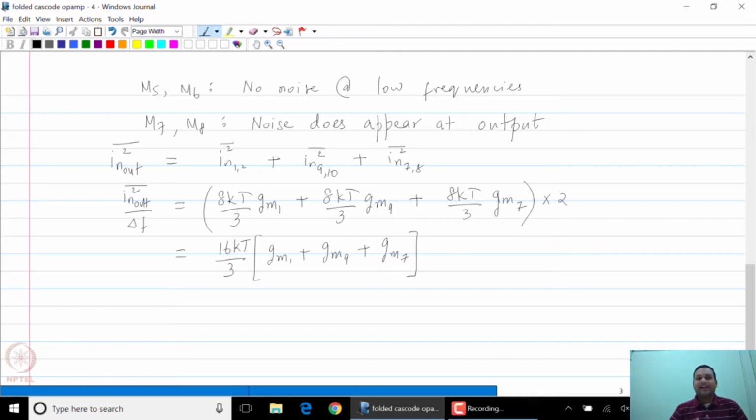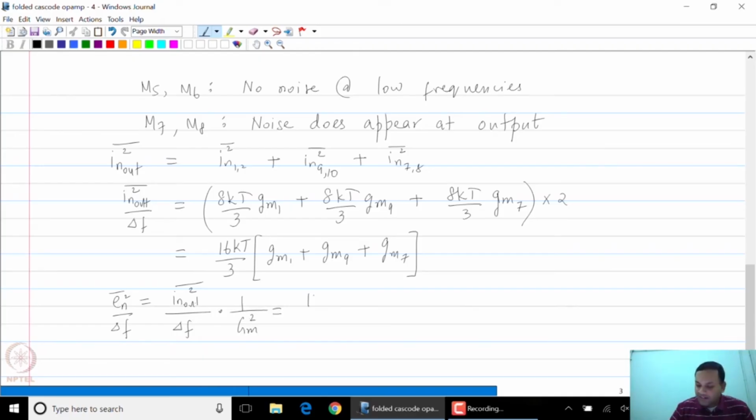Again, a reminder that as far as noise is concerned, the drain noise is not injected symmetrically into any of these nodes. You cannot use differential mode analysis to solve for noise. I'm just pointing that out. So the input referred noise density, En squared over delta F, would be divided by the square of the transconductance.